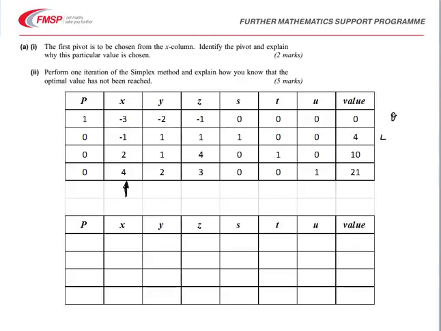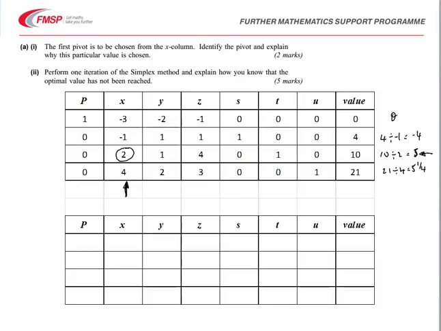So 4 divided by negative 1, giving us negative 4, 10 divided by 2, and 21 divided by 4 is 5 1/4. And we want the smallest positive value. It must be positive, so the smallest positive value here is 5, and that gives us the pivot as being the 2.